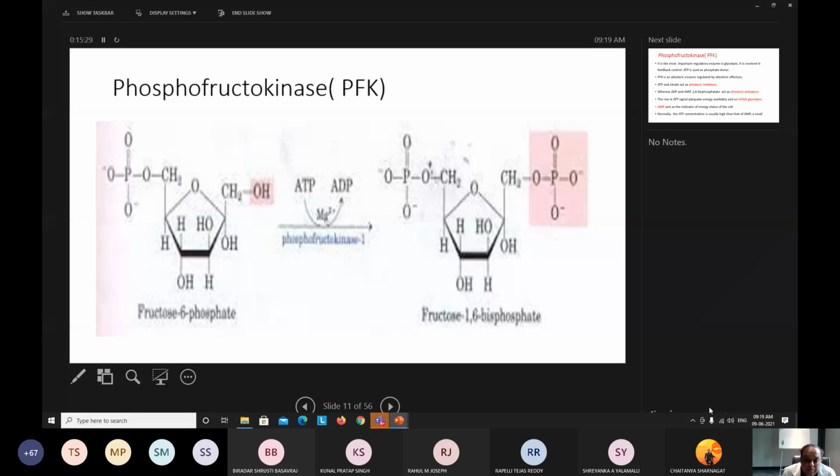And there ATP is converted into ADP. This is another phosphorylation, at the step where fructose 6 phosphate is converted into fructose 1,6 bisphosphate. Now let us go a little more elaborately.